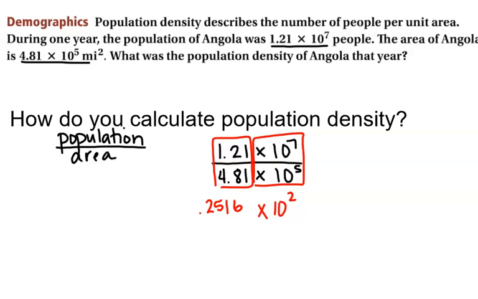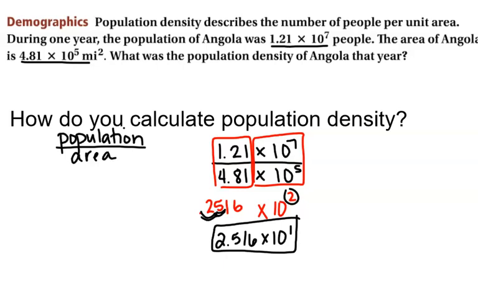Now, that is not written in the correct scientific notation form. So we need to move this decimal in between the 2 and the 5, which means we got to change our exponents. So when it was here, we had to move it 2 spots. Now it's here, I only have to move it 1 spot. So this would be your answer.